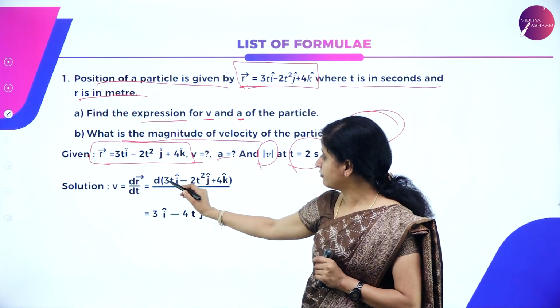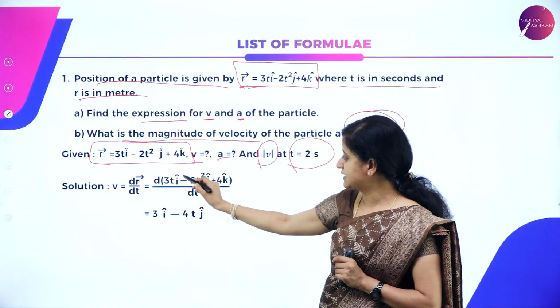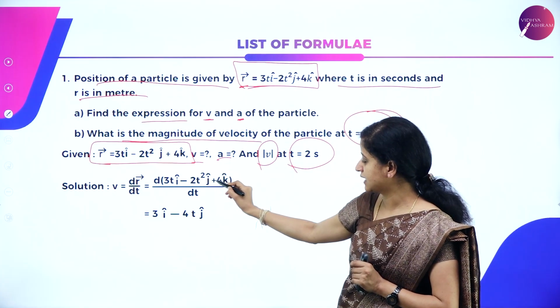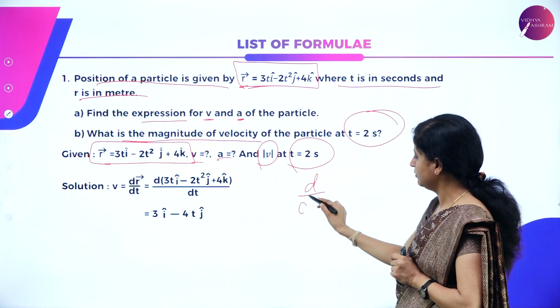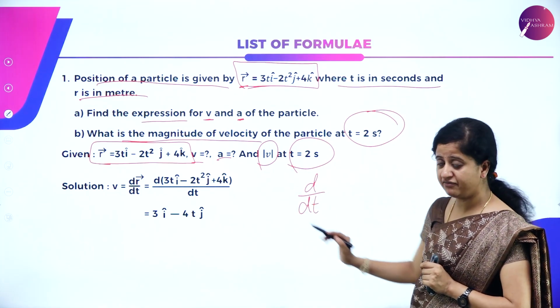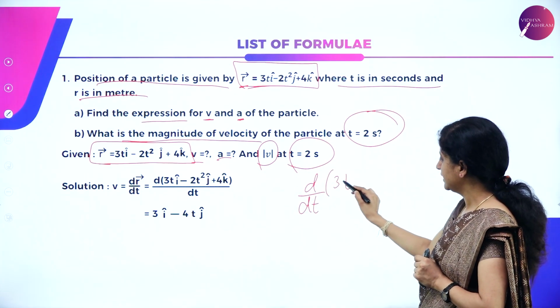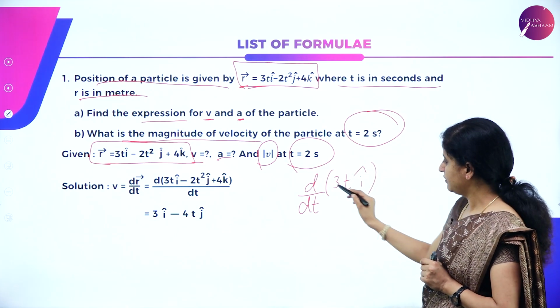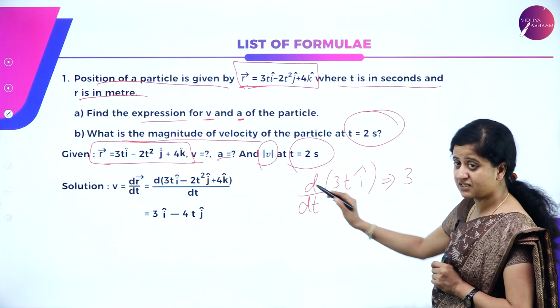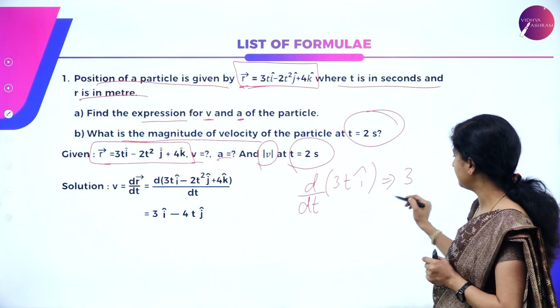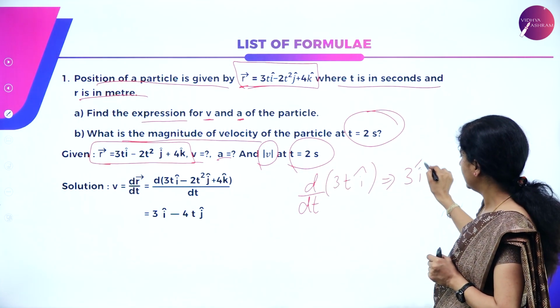So d by dt of the r term is 3t i cap minus 2t square j cap plus 4k cap. Here we need to differentiate each and every term which is related with the time, that is t. d by dt of 3t i: 3 is a constant, and we have t, so it is 3 into i cap.